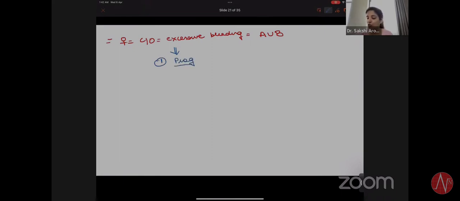This progesterone, you can give in the form of pills. You can give it in the form of an IUCD, progesterone IUCD, called Mirena.